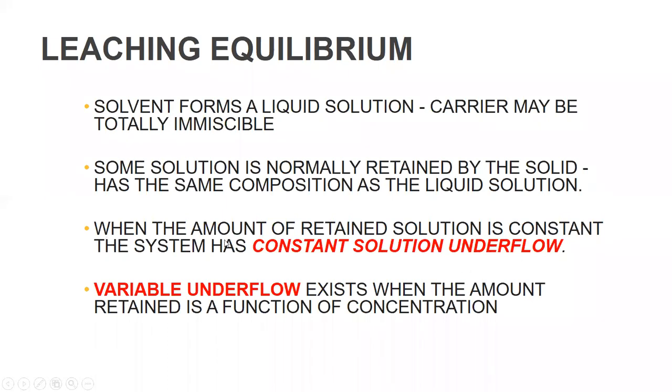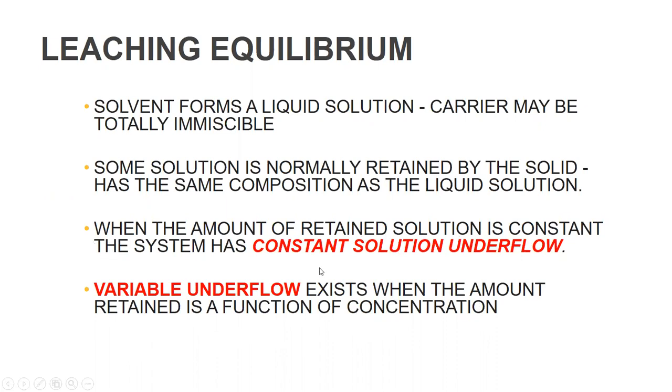Take note, when the amount of solution retained by your solid in your slurry is constant throughout the process, the process is referred to as a constant solution underflow. When, of course, it varies, variable underflow exists when the amount of retained solution is a function of concentration.